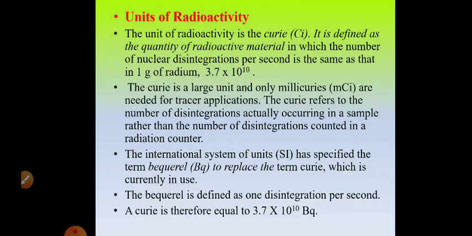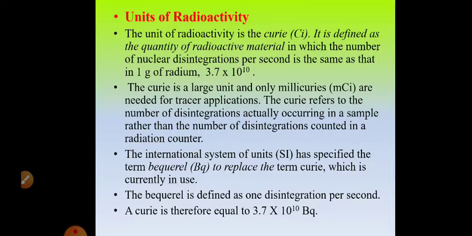The Curie refers to the number of disintegrations actually occurring in a sample rather than disintegrations counted in the radiation counter. Now, there is another unit of radioactivity because Curie is no longer accepted.